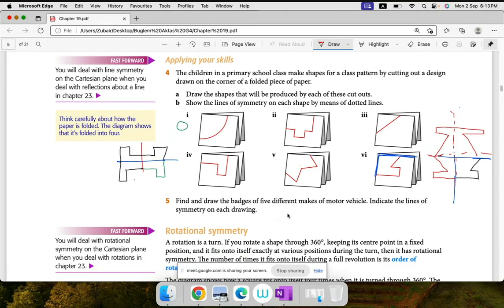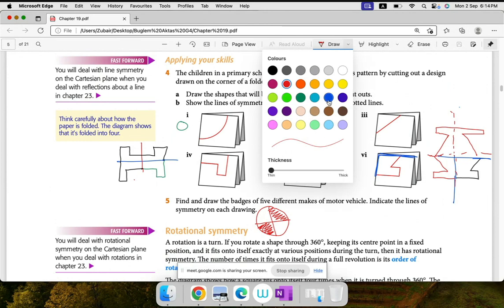Do you know how a BMW sign looks? Yes. So we'll just draw this. And now, can you tell me how many lines of symmetry there are? Four. There are only two.